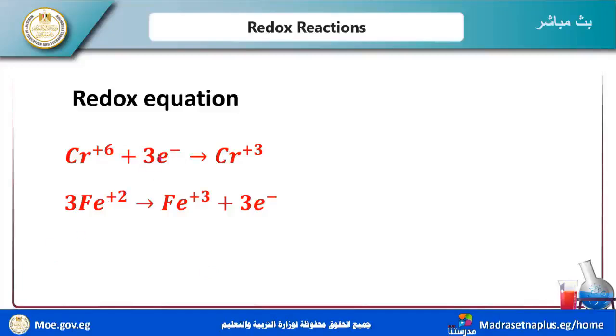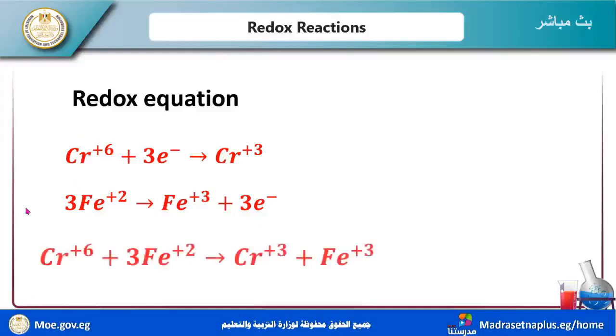We must balance these electrons, so we multiply Fe by 3: 3 Fe plus 2 converted into Fe plus 3, so the electrons are lost from all 3 Fe. Now the redox equation: Cr plus 6 plus 3 Fe plus 2 gives Cr plus 3 and 3 Fe plus 3. This is called the redox equation.